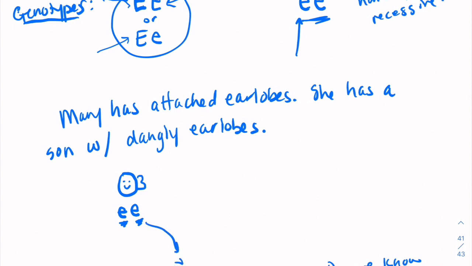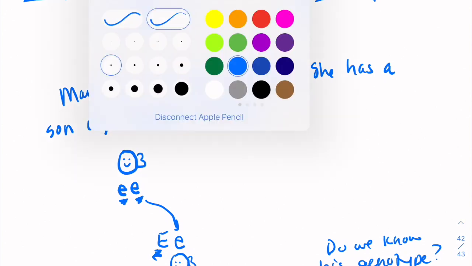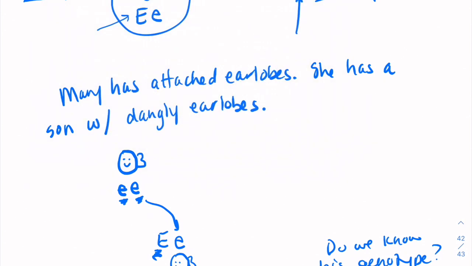So I gave him a recessive allele, which means if he's got dangly earlobes, he's got to have a dominant allele present as well. And folks, where did my kid get this dominant allele? It didn't get it from me. He had to have gotten it from his birth father, right? So this had to come from his dad.